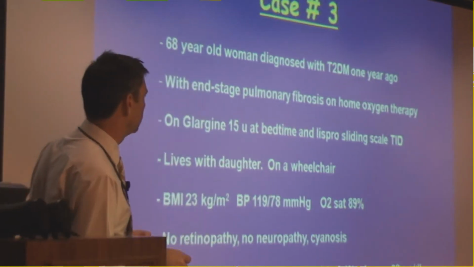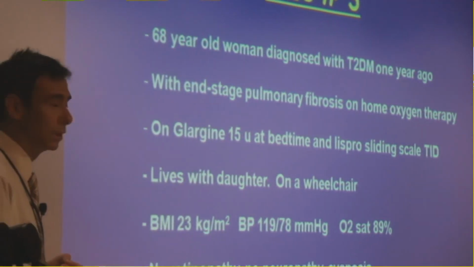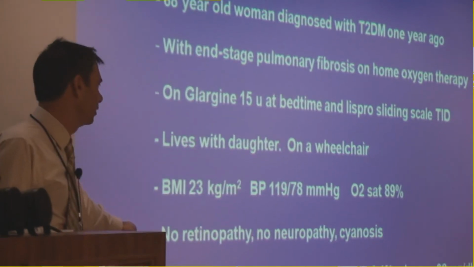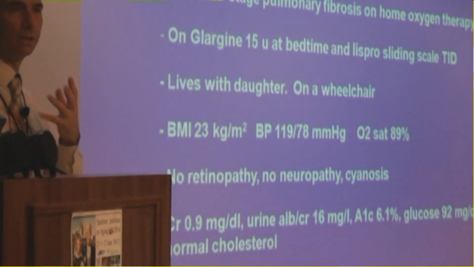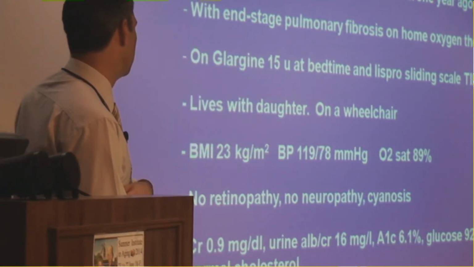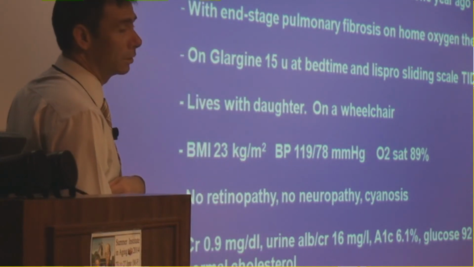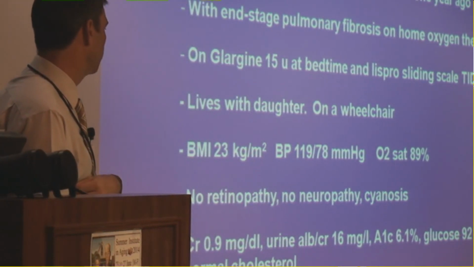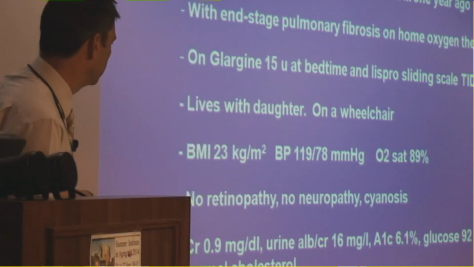You can see her O2 saturation with oxygen is 89%, so it's pretty low. She's thin, no retinopathy, no neuropathy, and she's cyanotic, a little blue from the pulmonary disease. Her A1C is 6.1, so she's very well controlled. Her glucose is 92, normal cholesterol, and normal creatinine.